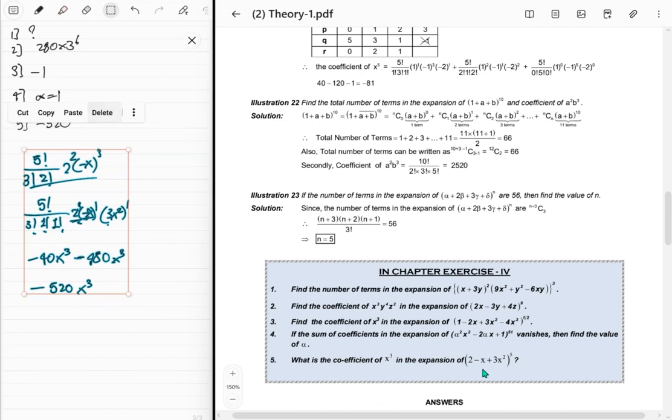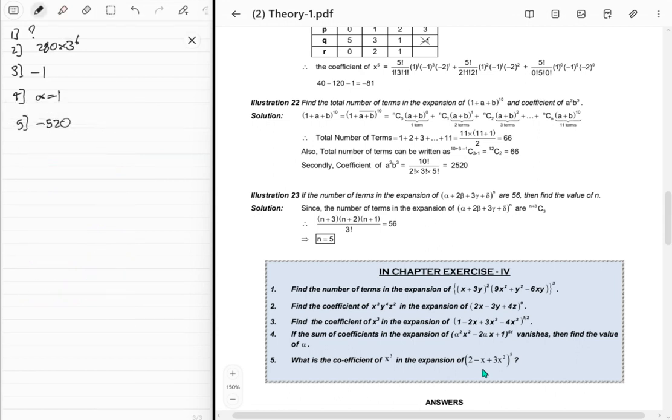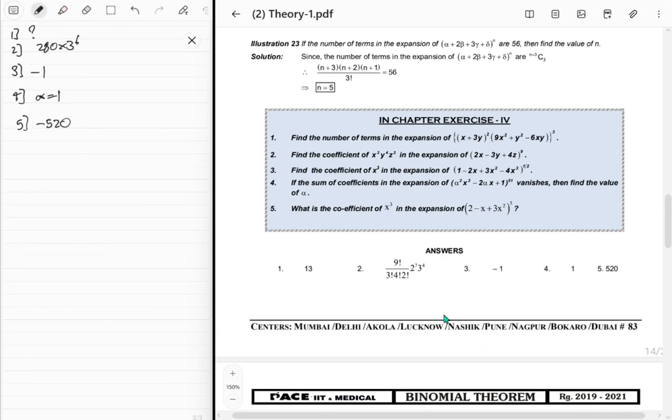Yeah. Let's look at the answers. So first, 13. Wait, what? Okay, this is weird. I thought it would not be 13. Of course, it's a 12th degree polynomial in x and y, yes, but all of the terms existed.